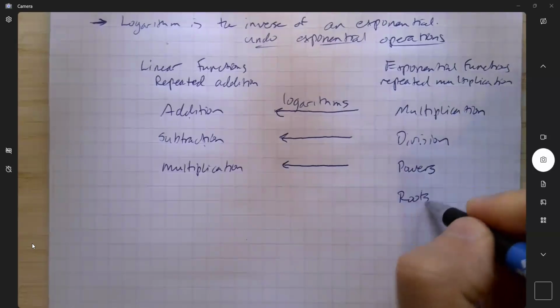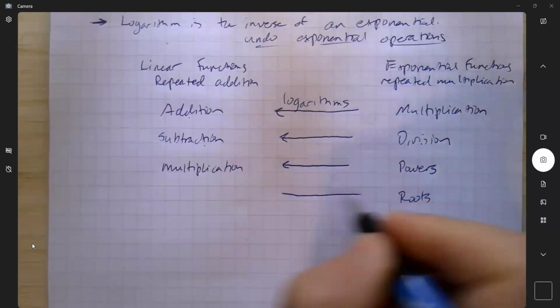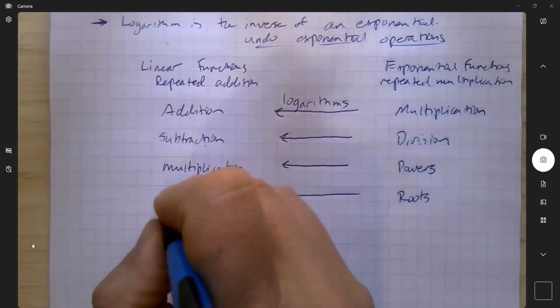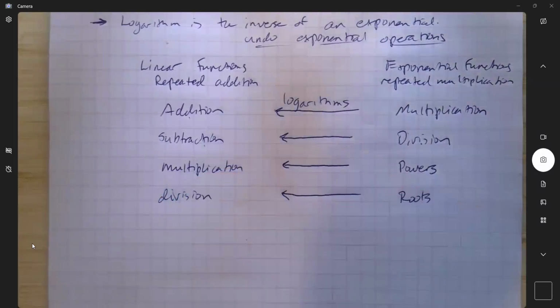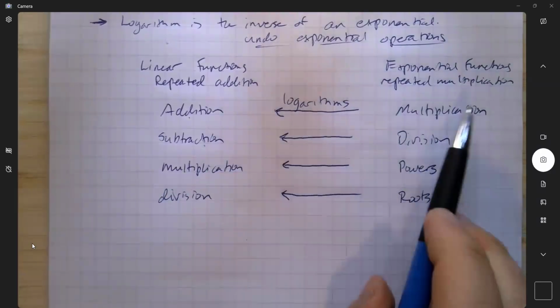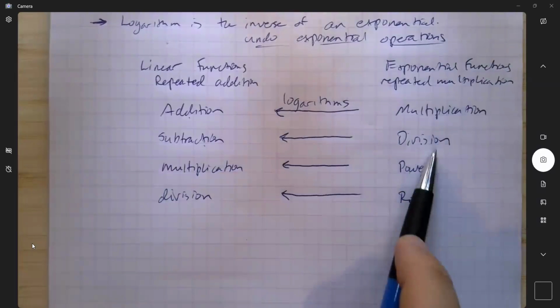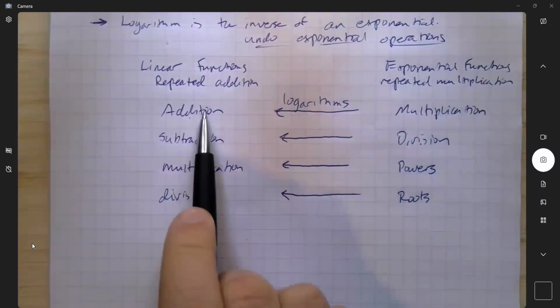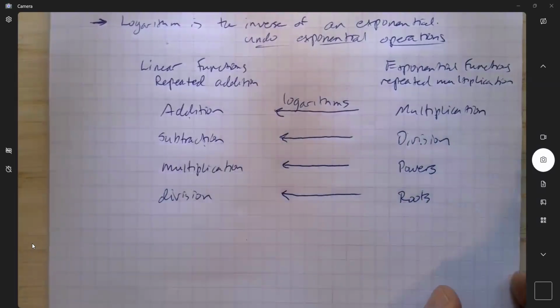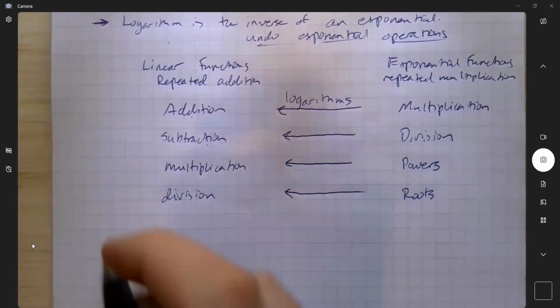And we can also think of roots or fractional powers. Logarithms turn this back into division. So this is the general idea, is that logarithms turn more complicated mathematical operations into simpler mathematical operations.